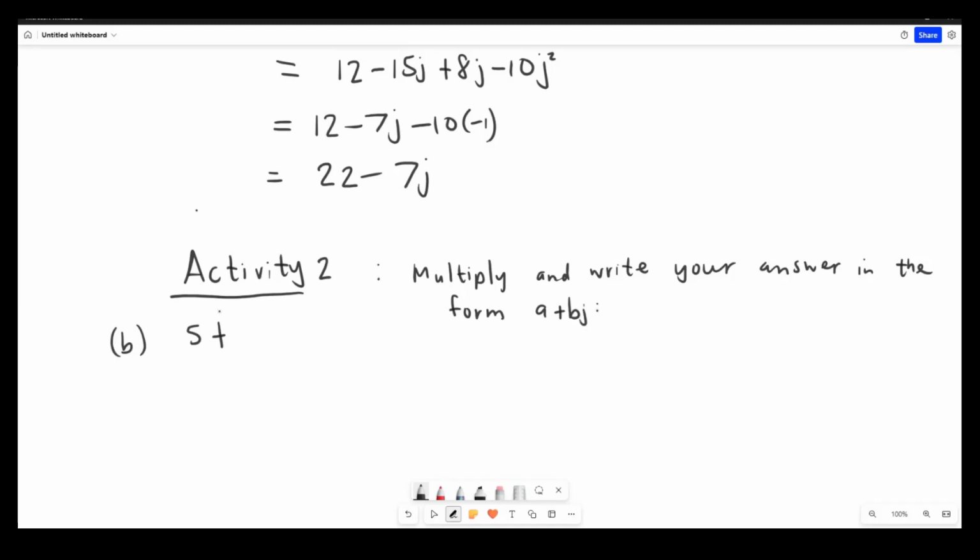Okay, so here for the b part of activity 2, we have 5 plus 3j, all squared.